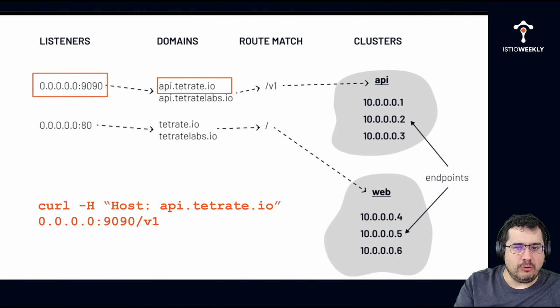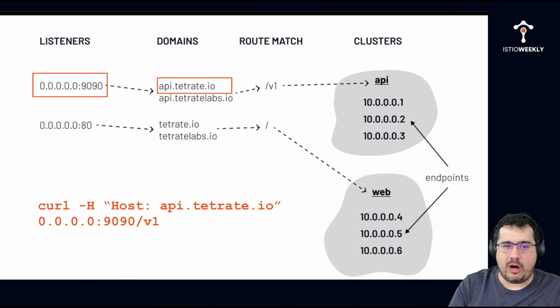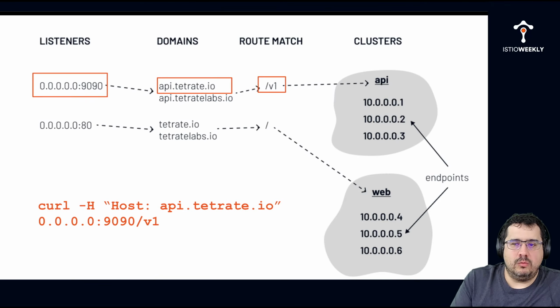And a route will get selected based on the host header, which in our case is api.tetre.io, as well as based on the route match, which is /v1. So this is how a route will be selected.